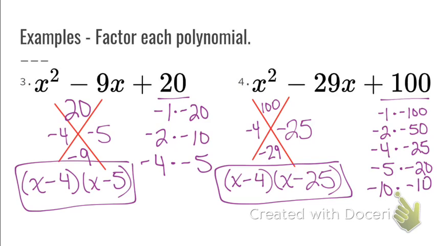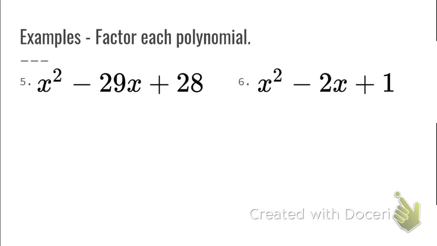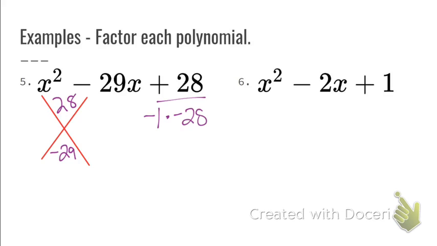All right, let's move on to our last two examples. On number 5, we are trying to multiply to positive 28 and add up to negative 29. So like all our other problems today, both of our factors need to be negative if we're going to multiply to a positive and add up to a negative.